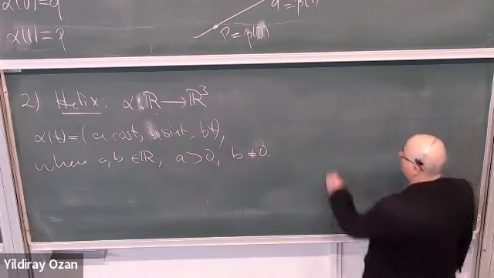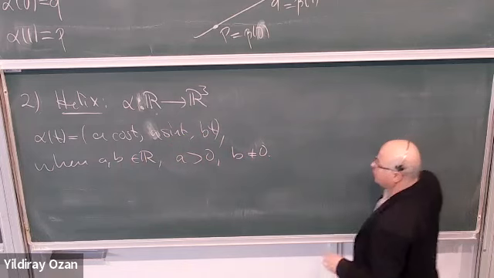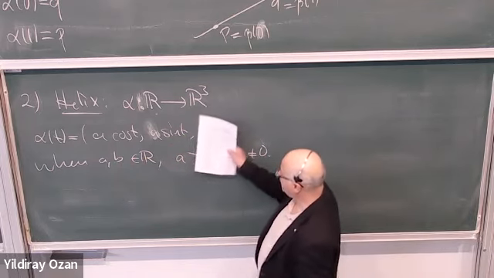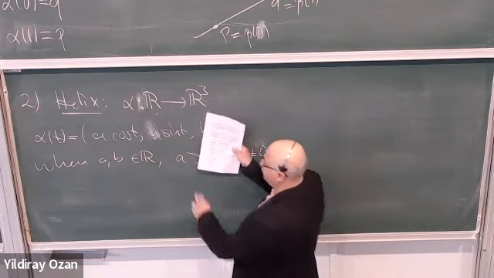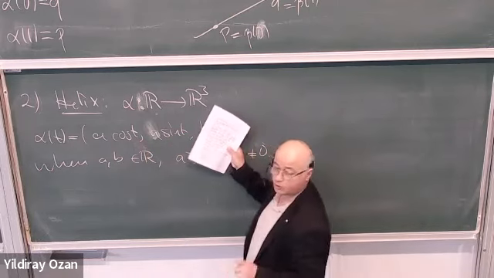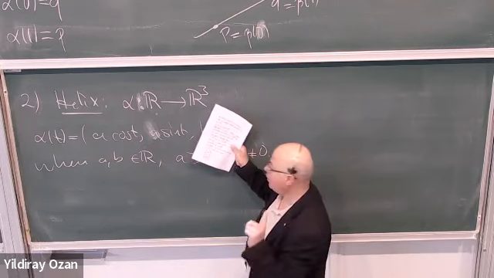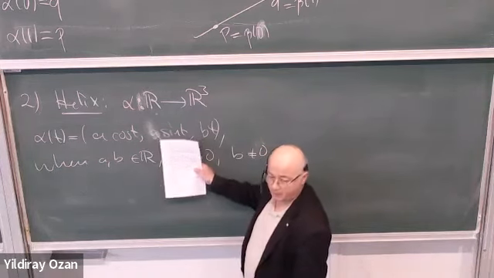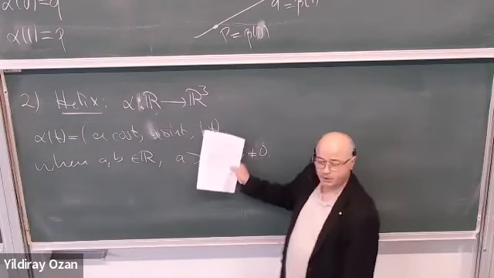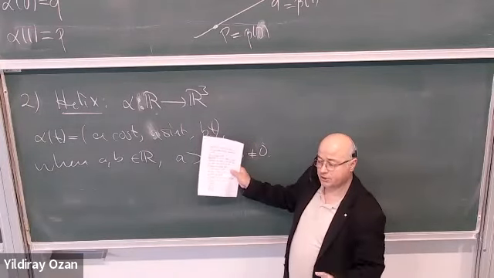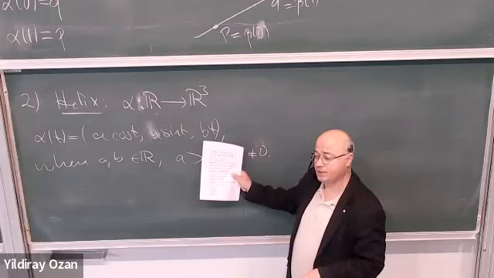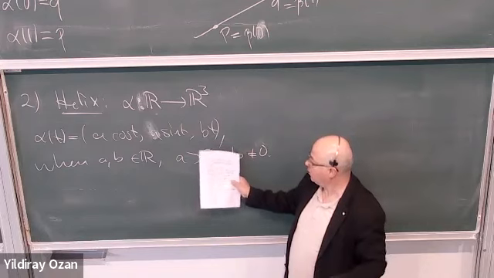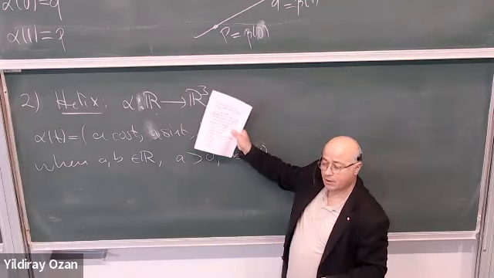So what is this? If I didn't have this bt, this would be a parameterization for a circle in the plane centered at the origin with radius a. But here I have this bt coordinate in the z direction. This means as time passes, your circle gets higher, right?